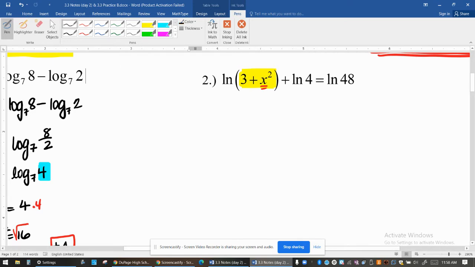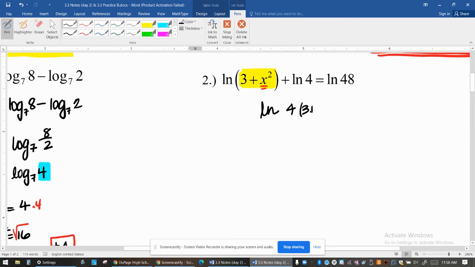Okay, so I notice right away that I have addition here of two logs. According to the properties of logs, I can rewrite addition as multiplication. So I'm going to go ahead and put the 4 in front, but really it doesn't matter. You can just do quantity 3 plus x squared times 4.